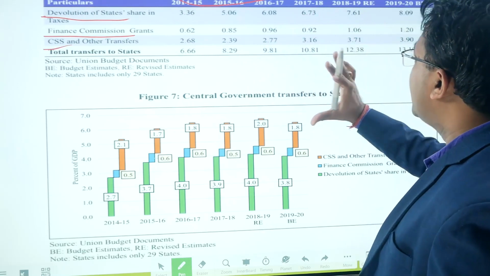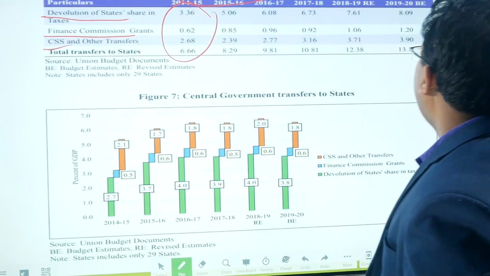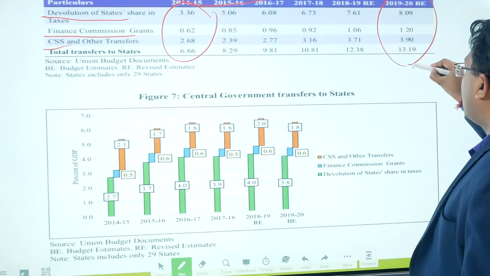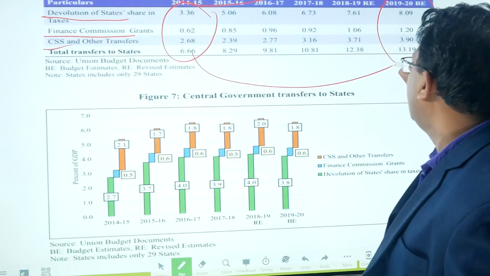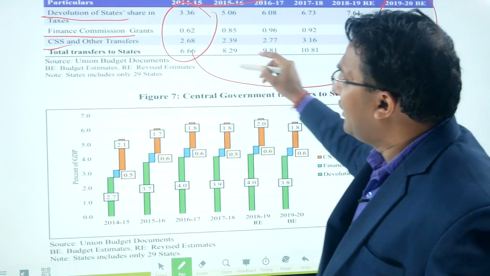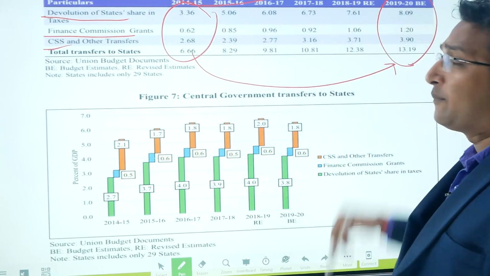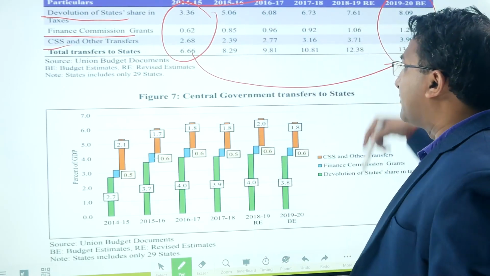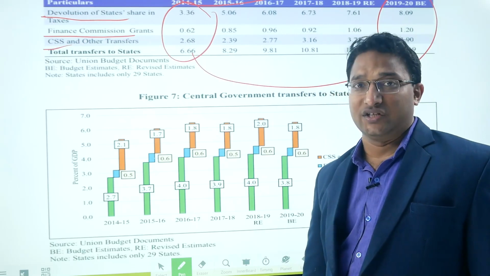However, you can observe just one thing, that between the amount in 14-15 and the amount in 19-20, there is a major jump, right? Every year, in every component. Devolution, earlier it was 3.36 lakh crore, now it is 8.09 lakh crore, and similarly for other items. This sudden jump is because of the 14th Finance Commission recommendations.